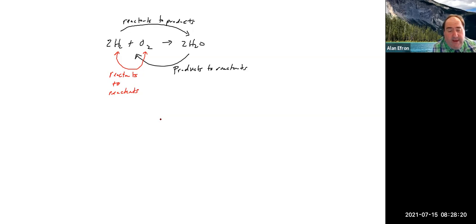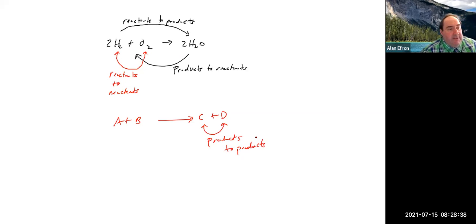In this case, we don't have a second product, but if you did, you could also do the relationship between products to products. So it's very powerful in that sense, because if you just know one piece of information, you could use the balanced equation to figure out everybody else involved.